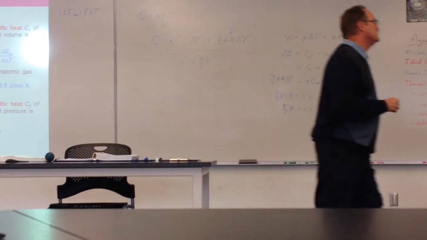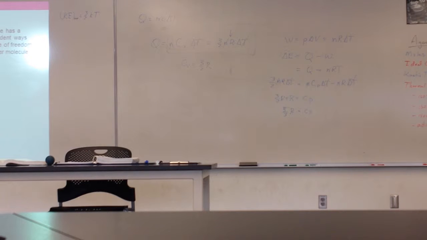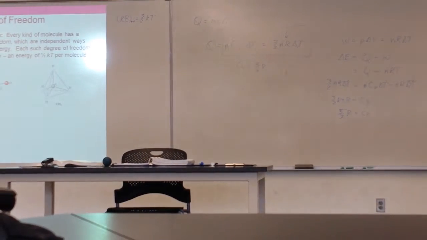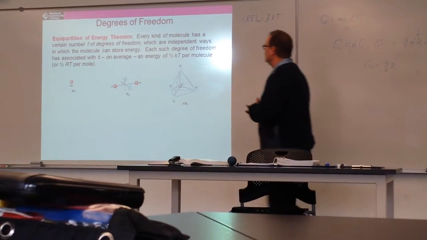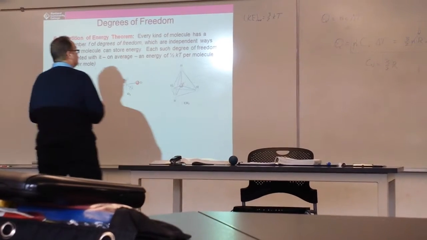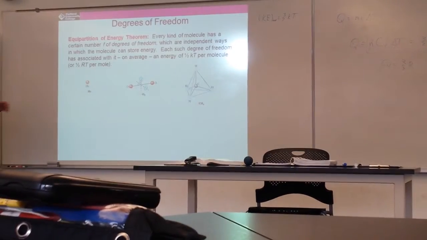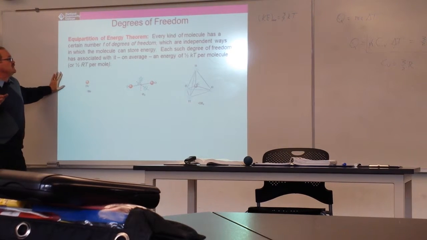Now what this leads us to is something called the equipartition of energy theorem. What this says is that every kind of molecule has certain degrees of freedom, which are independent ways for the molecules to store energy. And this is what I was alluding to earlier. Each degree of freedom is associated with, on average, an energy of 1/2 kT per molecule per degree of freedom.